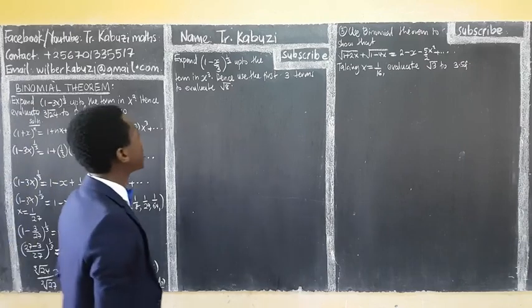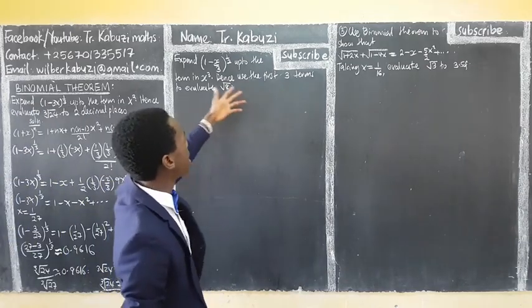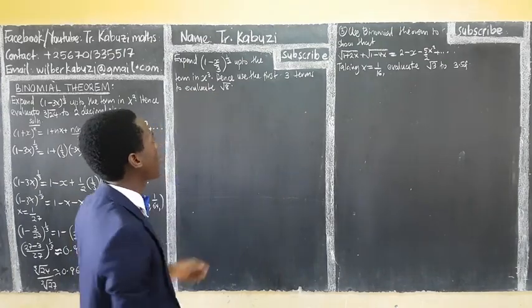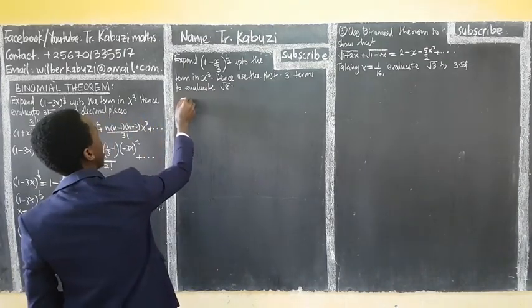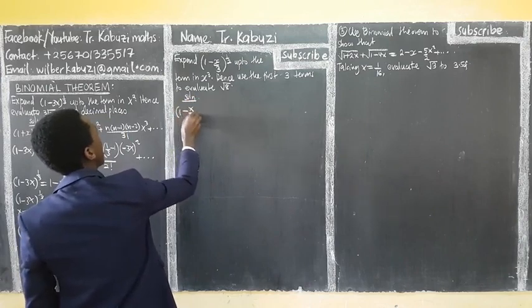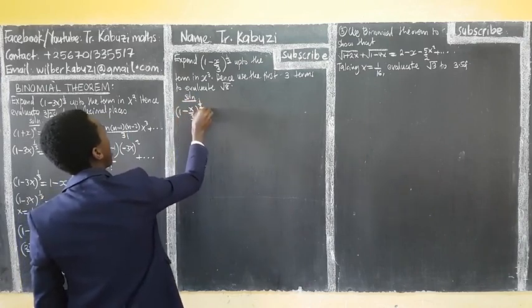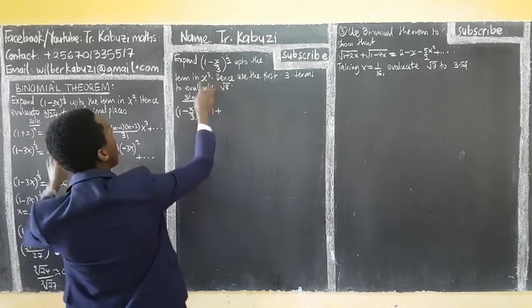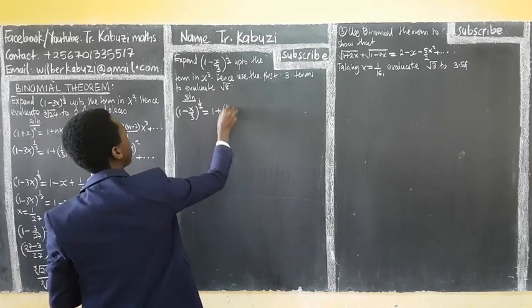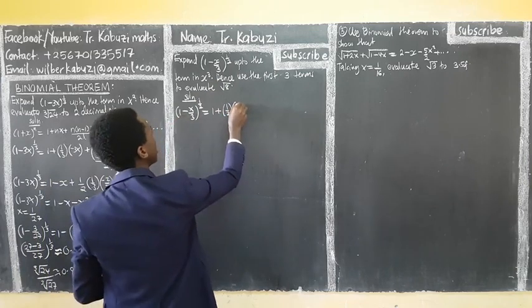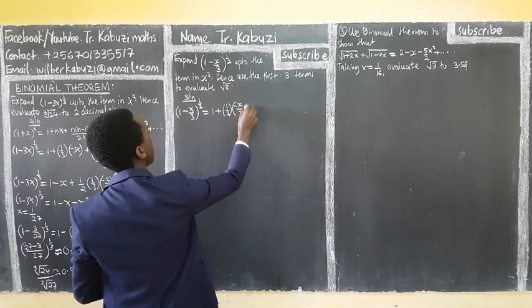When we come to this, we expand on the first 3 terms. First 3 terms, it means we are dealing with up to x squared. So now we expand this. Now I have 1 minus x over 3, now power half. This will be 1 plus n, where n is a half, into x, now this x is negative x over 3.